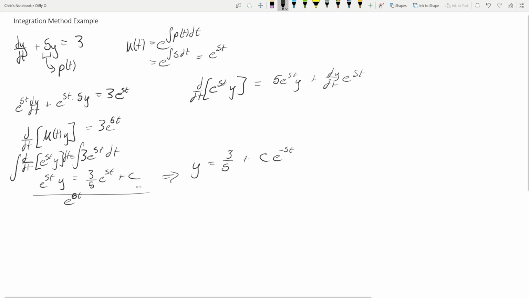This is in the denominator, so I'm going to bring it up and make it a negative. So this is our basic example of using the integration method to solve a first order linear differential equation. I'll be doing a little bit more challenging ones in another video.